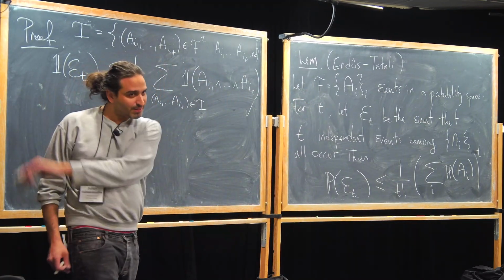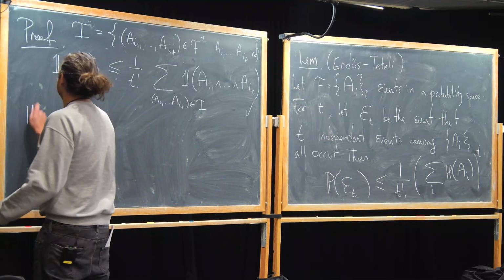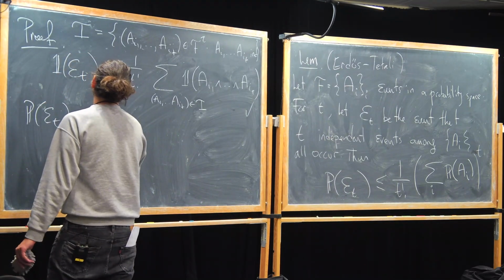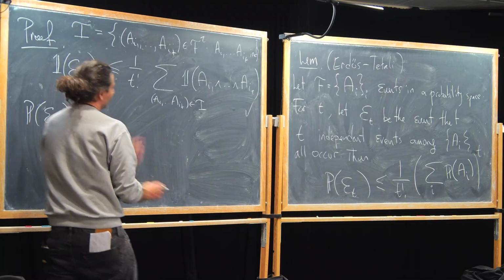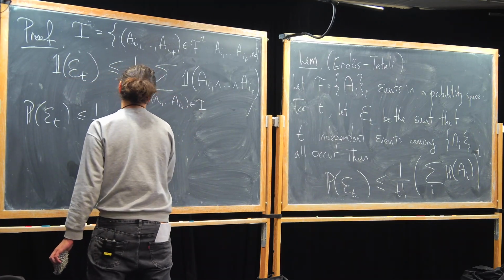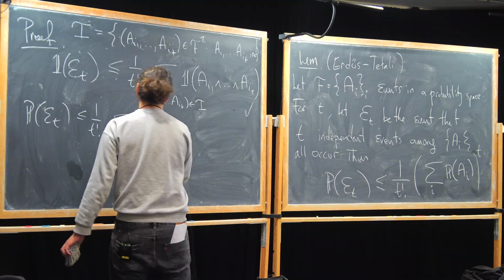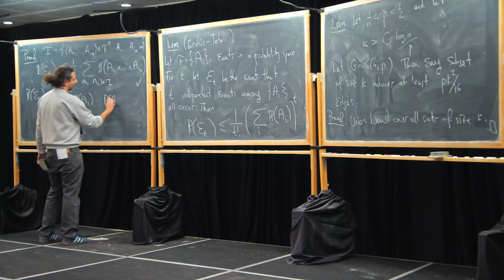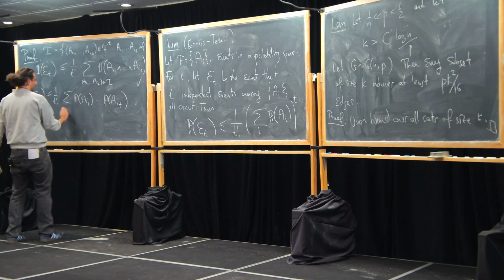OK, now let's just take expectations of this guy. OK, good news. That's the right-hand side. Now I'm going to use this property of independence here. So this is going to factorize.